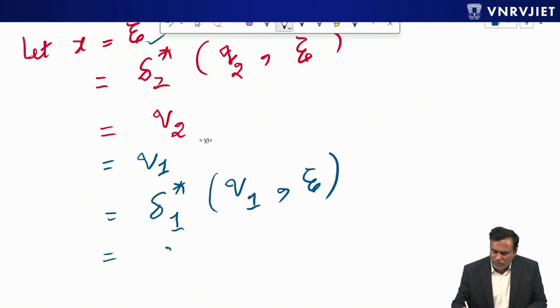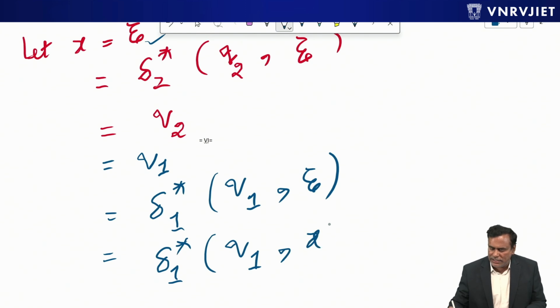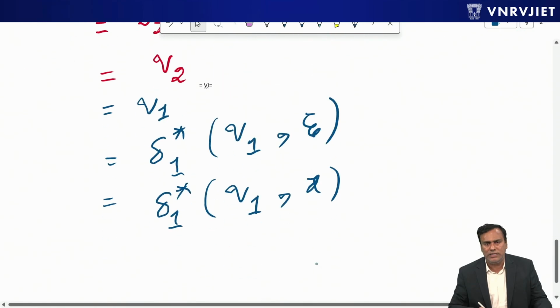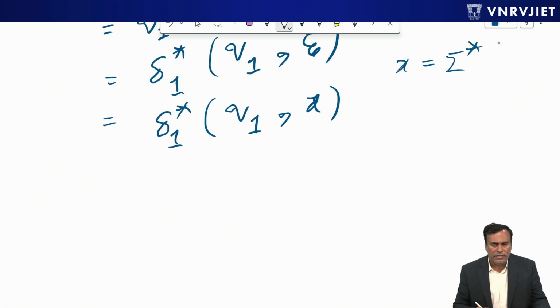Therefore, this can be rewritten as delta 1 star of Q1 X. I started deriving with delta 2 star of Q2 X, and from that I got delta 1 star of Q1 X. So for X belongs to sigma star, you have shown it.